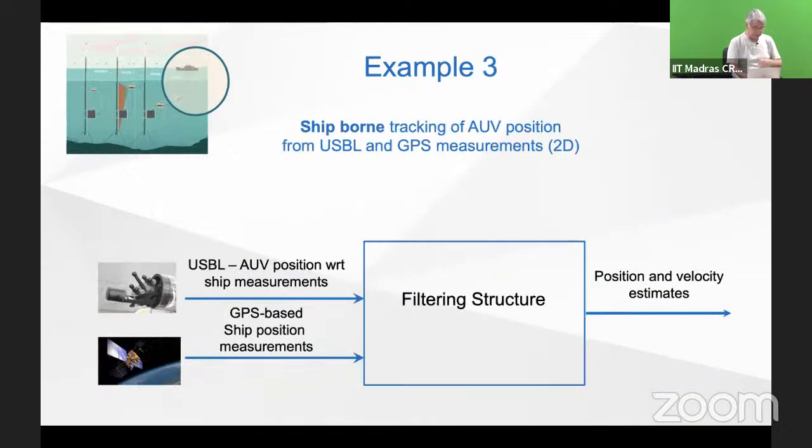Example number 3 is slightly different. That's when you are on top and you have something or someone doing some kind of mission, and on board the ship you want to find out what the AUV is doing. So on board the ship you have the GPS, and now you have an ultrashort baseline on top on the ship.